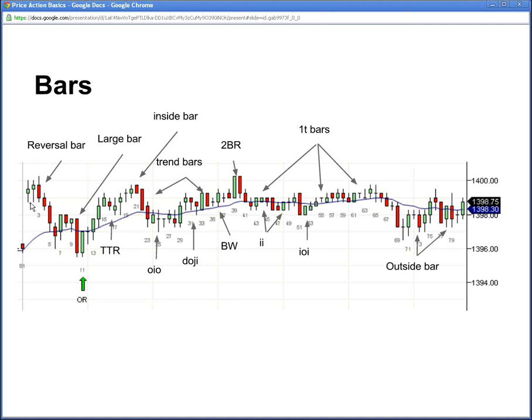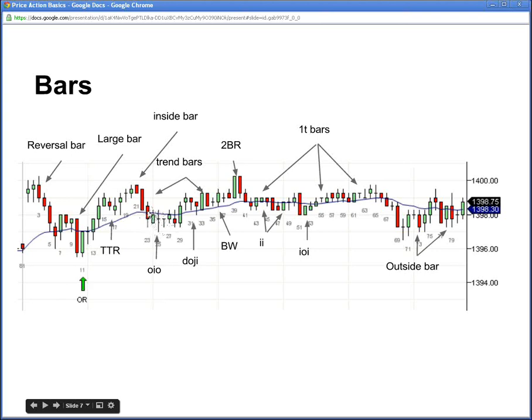Can a trend begin without strong bars? Yes, of course it can, but they are rarer. Okay, so we all know, I mean, most of you already know what these bars are and what they mean. We have barbed wire, dojis. This OIO is a kind of reversal. It works like a micro failed breakout.